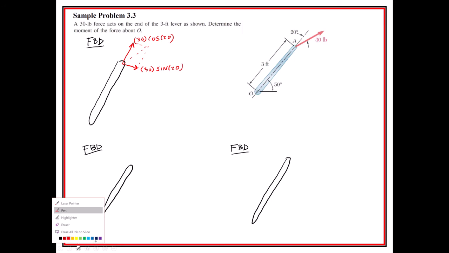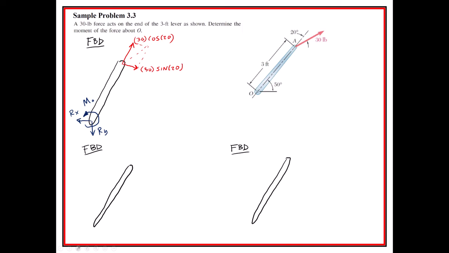And in terms of reactions, probably going to go downwards with the Ry, probably going to be to the left with the Rx, and then a moment reaction. You'll notice that the forward loads on this are tending to make it go clockwise, so our reaction at O is going to be counterclockwise, right?